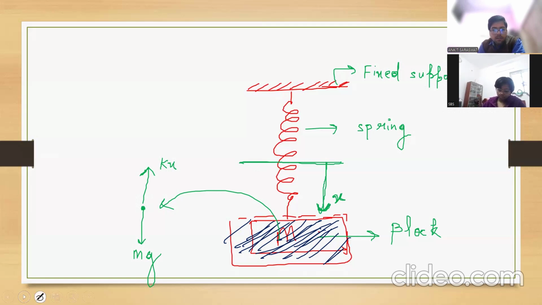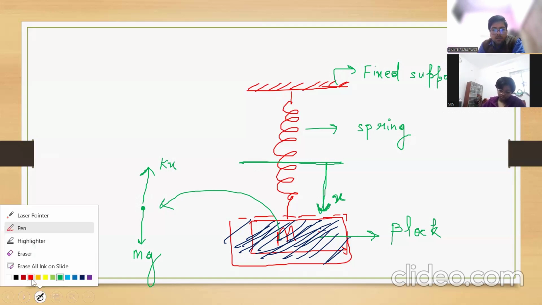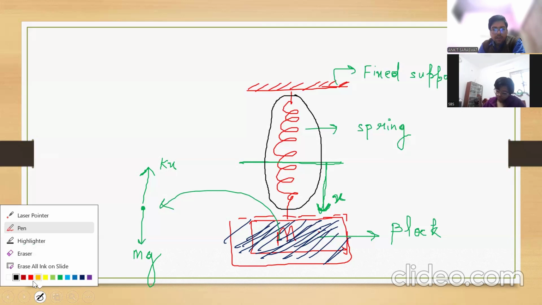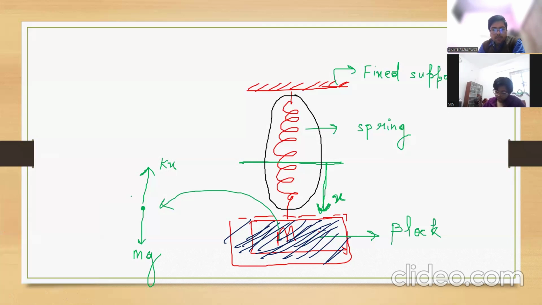Now, if you take the spring as the system, not the block, and draw the free body diagram, you tell me, for every action there is an equal and opposite reaction, on two different bodies.